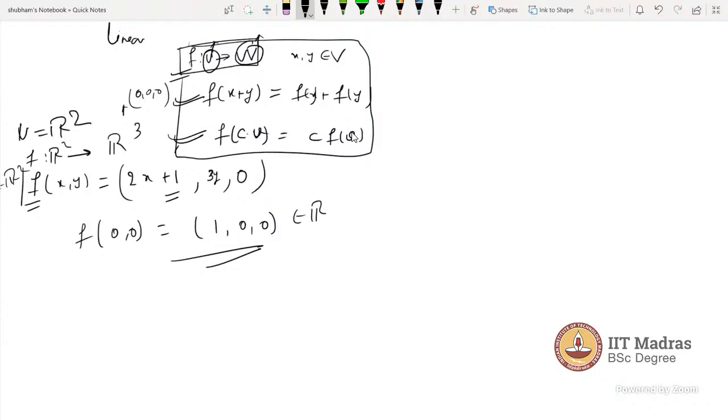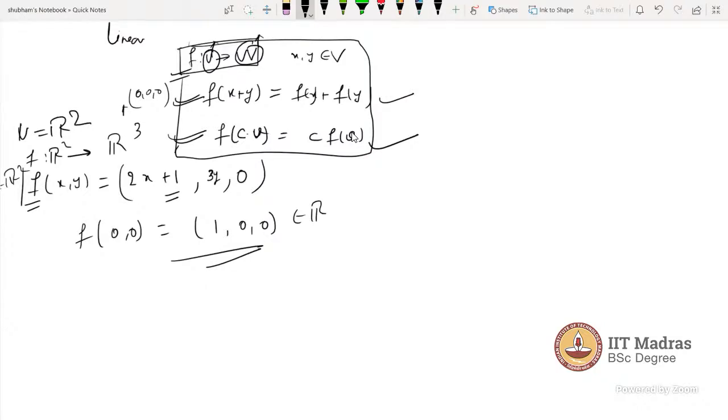Will all the questions be like this, from Rn to Rn? If you want to check whether a function is a linear transformation, this is the basic criterion.